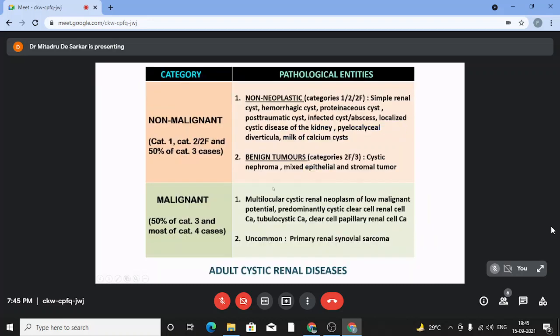So if we are to totally incorporate all the pathologies that you can see in the adults, if you talk about the non-malignant ones, that is the category 1, category 2, 2F, and 50% of this category 3, category 1, 2, and 2F will have the totally non-neoplastic entities, whereas the categories 2F and 3 will have some of these benign tumors. In the case of malignant ones, 50% of the category 3 and almost all of this category 4 will have the malignant entities.